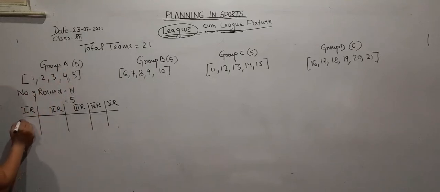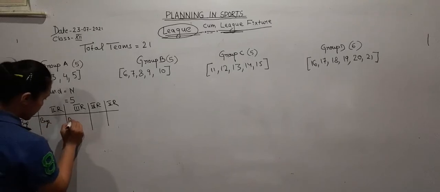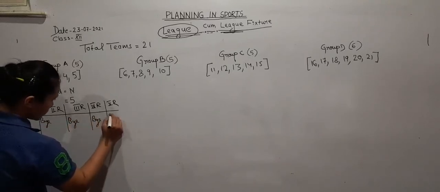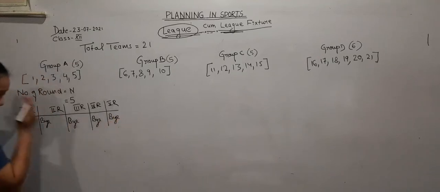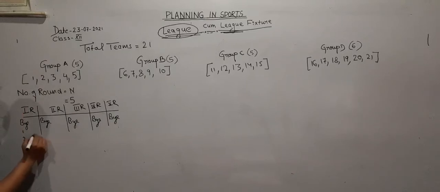Five is an odd number, since the total team is odd, so we will give 1 bye. Whenever the team is odd, we will give a bye, and the remaining teams will compete in clockwise or anti-clockwise. 1, 2, 3, 4, 5.